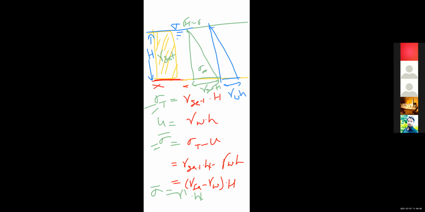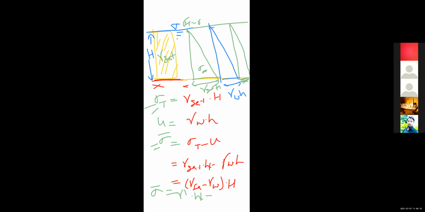Effective stress has a linear relation, sigma bar equal to gamma dash h. That is also a linear function of height, so it also increases in the downward direction, and this bottom value gives gamma submerged into h.